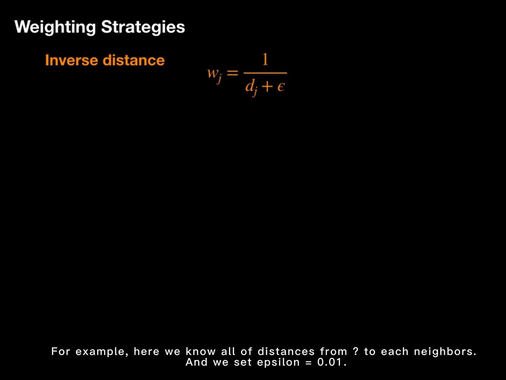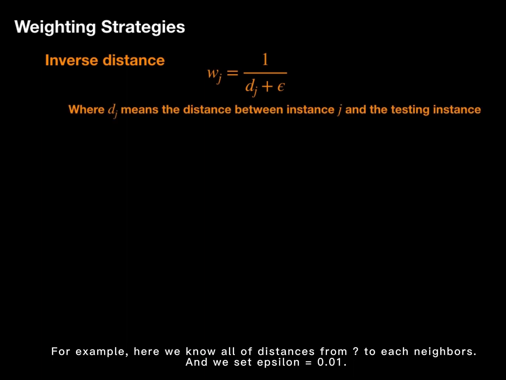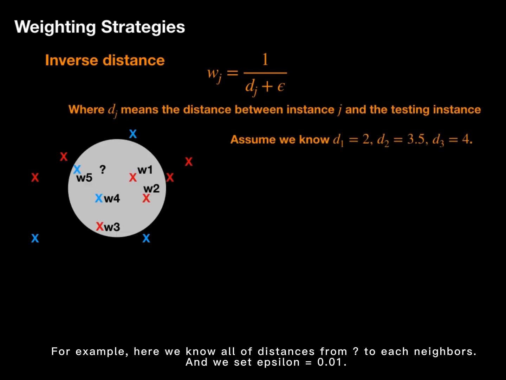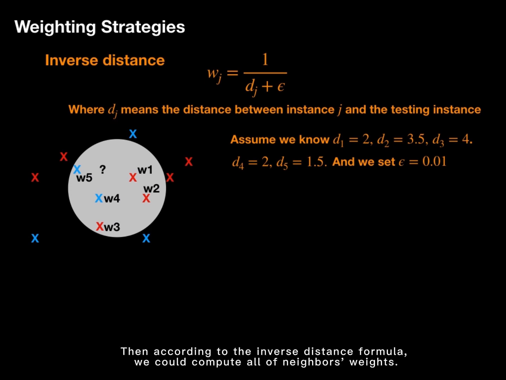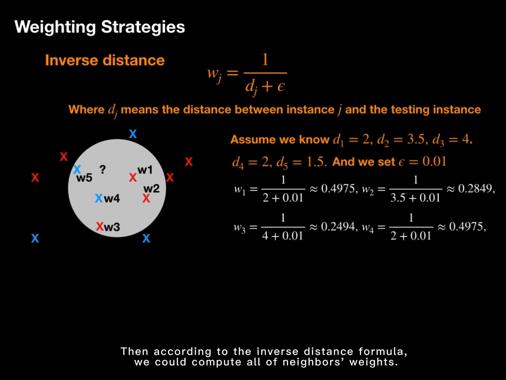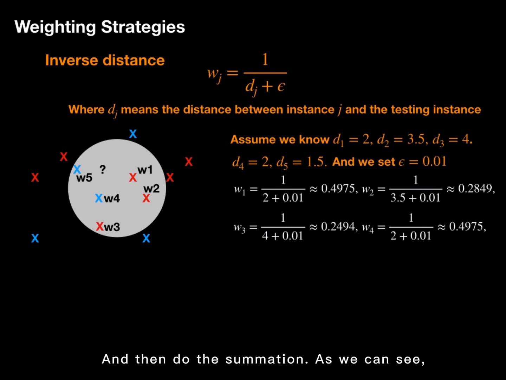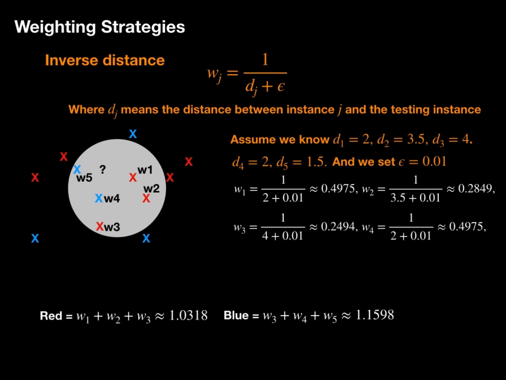For example, here we know all of the distances from the question mark to its neighbors, and we could set epsilon as 0.01. Then according to the inverse distance formula, we could compute all of the neighbors' weights and then do the summation. As we can see, since the summation of blue is larger than red, we predict the question mark as a blue sample.